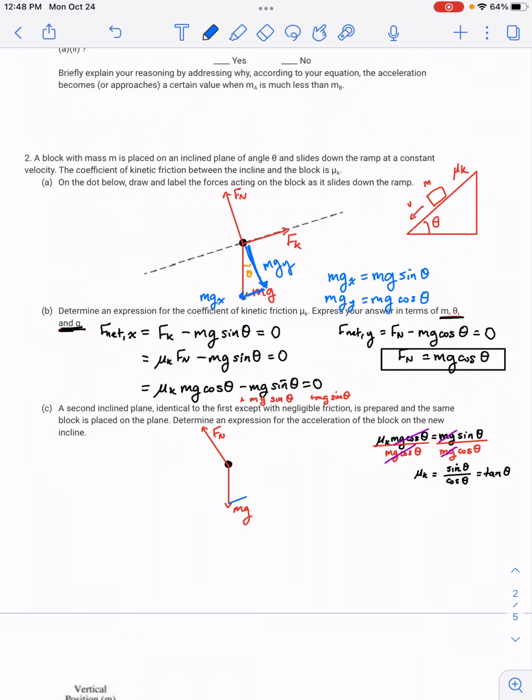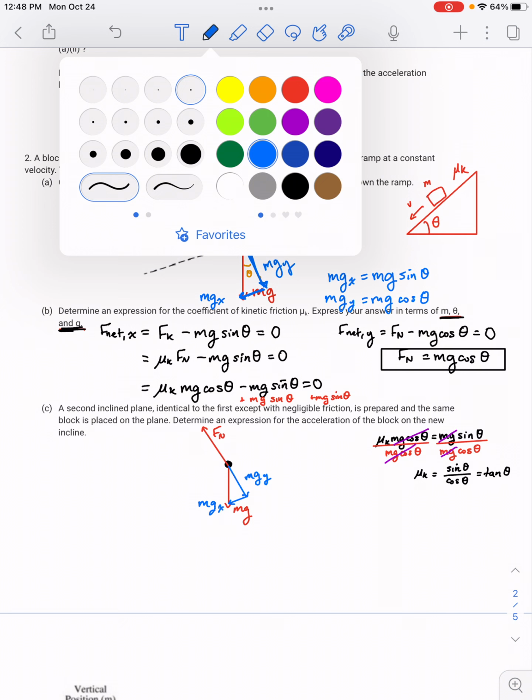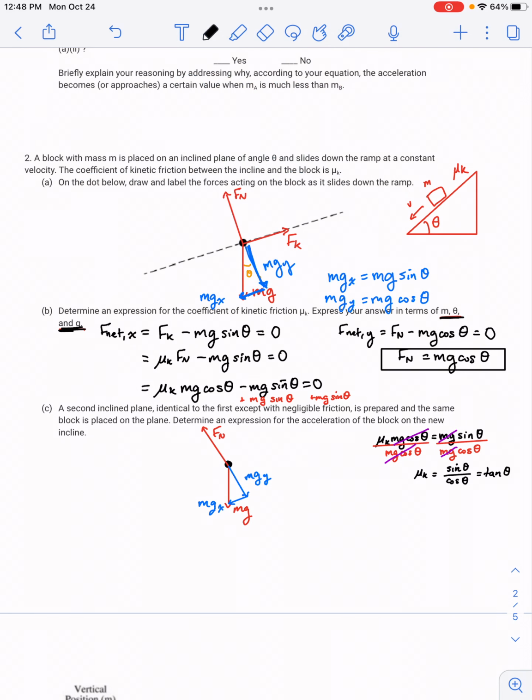We'd still have mg in the x direction and mg in the y direction. But the only one that works in the x direction out of all the forces we have listed here is mg in the x direction, right? So the net force in the x direction is just mg in the x direction, which we already said is mg sine of theta.